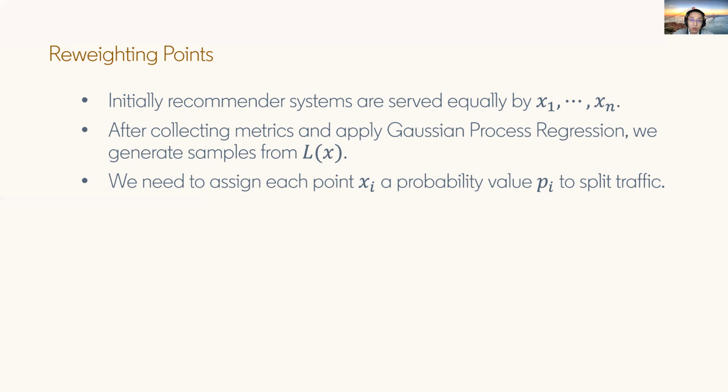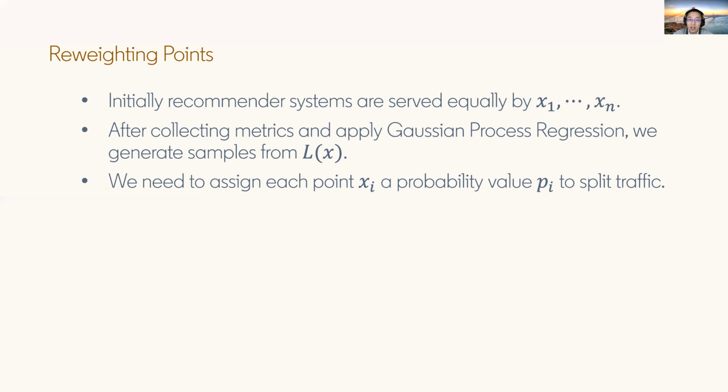We can then generate one sample from Lx and obtain the maximum. This method is simple, but it's too greedy since we haven't explored a lot. We can also, for example, use the EI, expected improvement, or the UCB, upper confidence bound, or other acquisition functions.